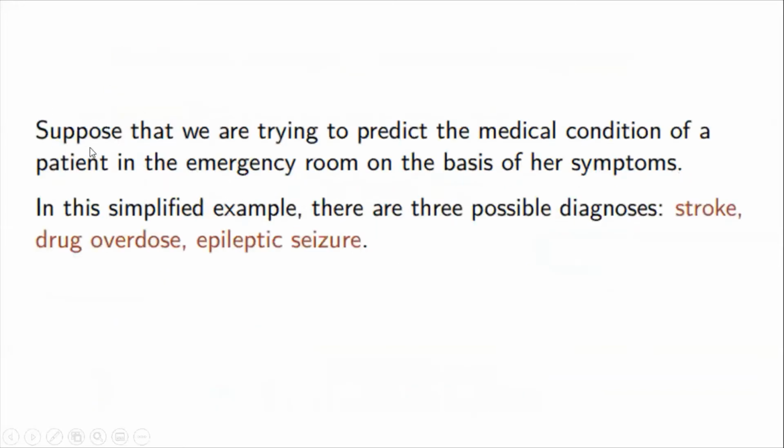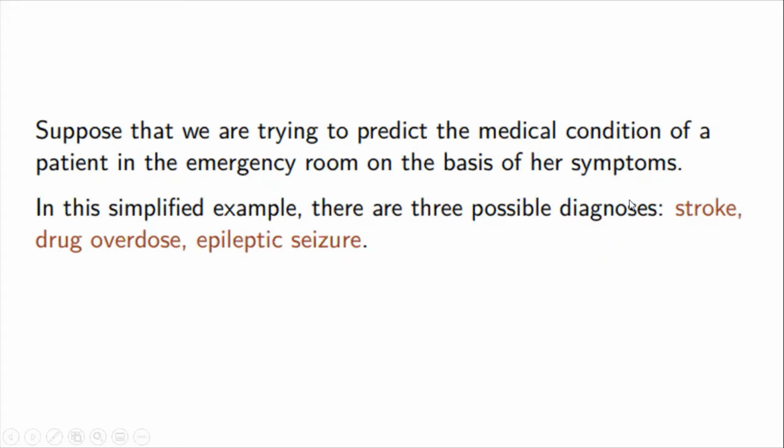So what is the logistic regression problem? Say we want to predict the medical condition of a patient on the basis of symptoms. We ask about symptoms, and then based on the symptoms, we will predict what kind of medical condition she presents.